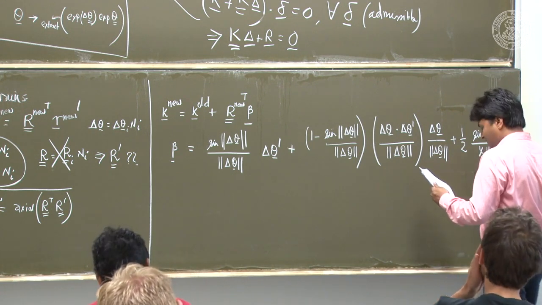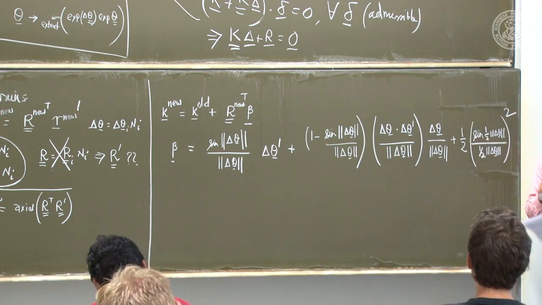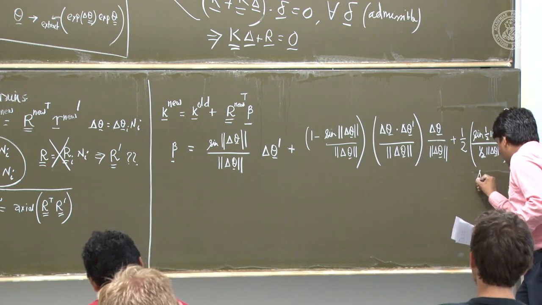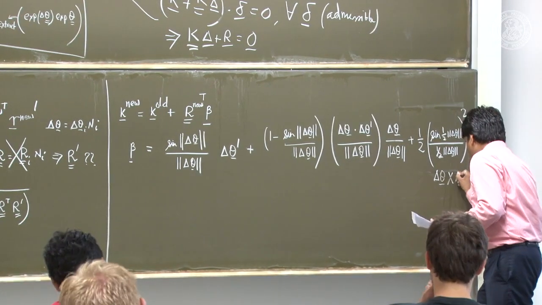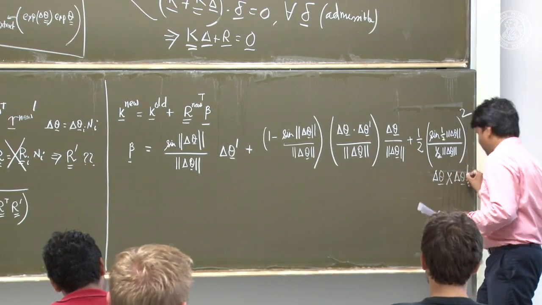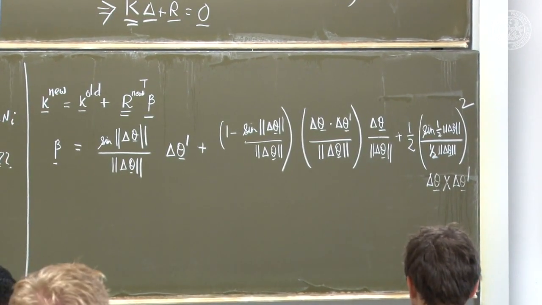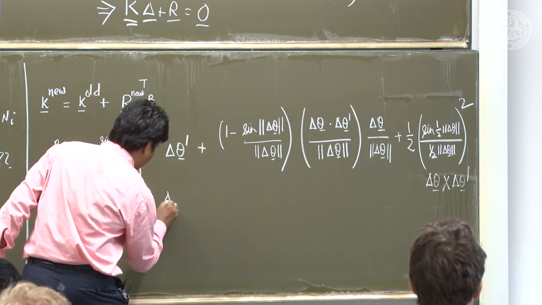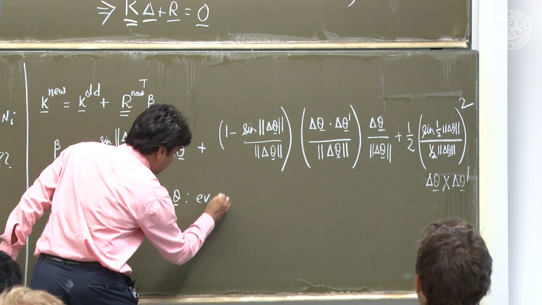Quite messy, isn't it? Then you take its square and then delta theta cross delta theta prime. It's not so easy. And here your delta theta you evaluate at the quadrature point.